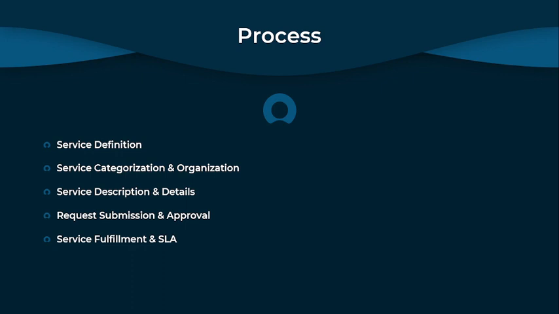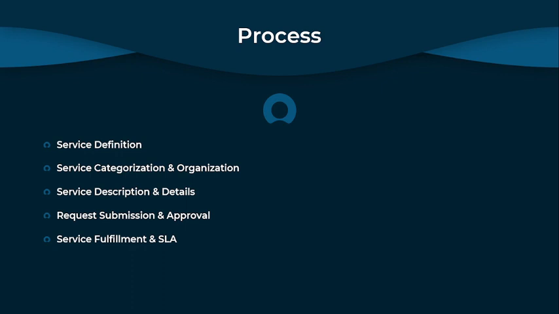Then request submission and approval. Users browse the service catalog to find the desired service and submit a request by filling out the corresponding request form. Request forms typically include fields specifying details such as service option, delivery preferences, required approval, and additional information needed to fulfill the request.